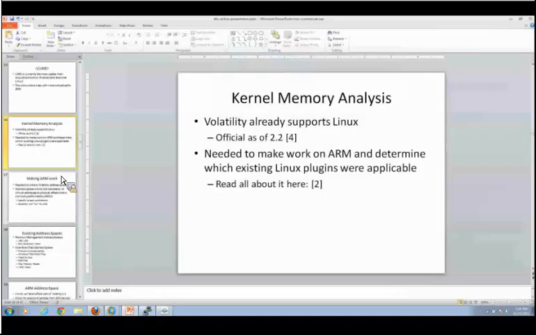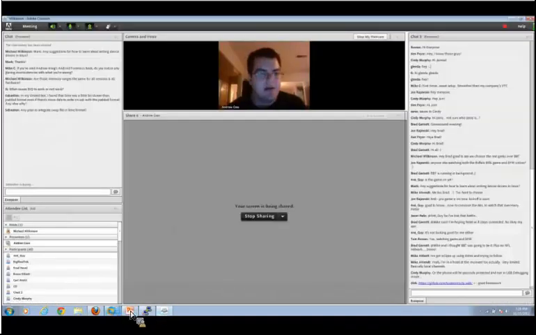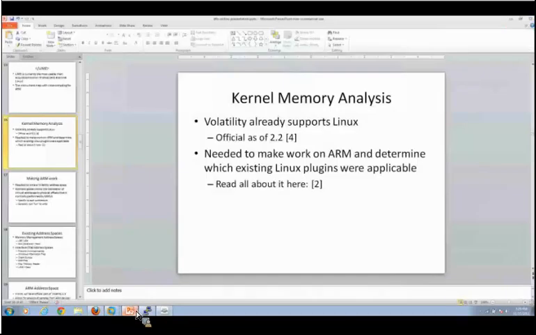Okay, so now what we're going to do, hold on, I think maybe there was one more question. Okay. Now what we're going to do is jump from LiME to kernel memory analysis. At this point, we have LiME. It's able to extract physical memory for us, but we won't be able to do something with it besides just running strings and grep or something like that.